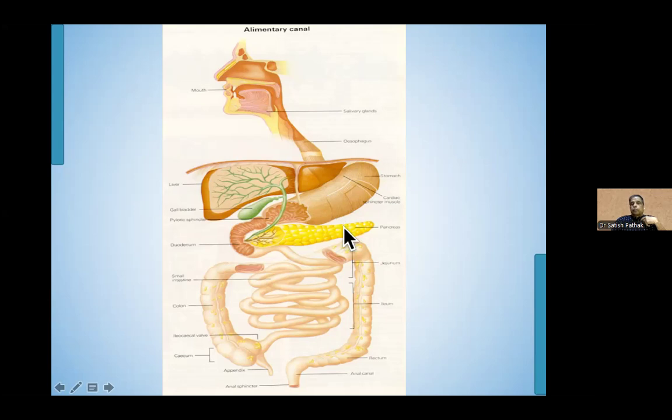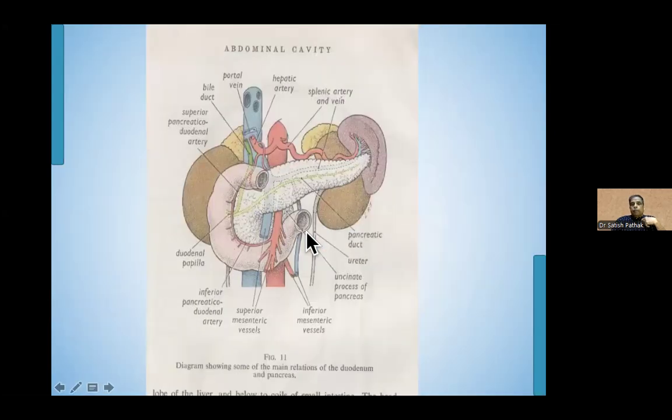Similarly, the pancreas secretes pancreatic juices, and this is the pancreatic duct. These pancreatic juices are collected by this and thrown into the duodenum through this opening.